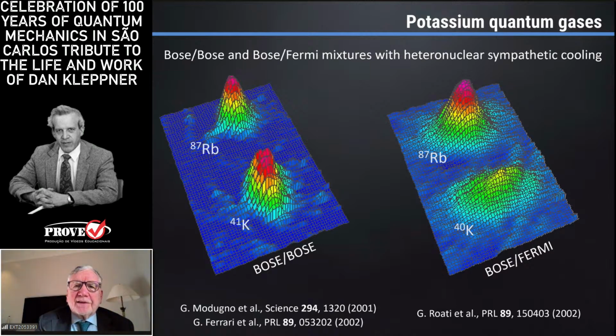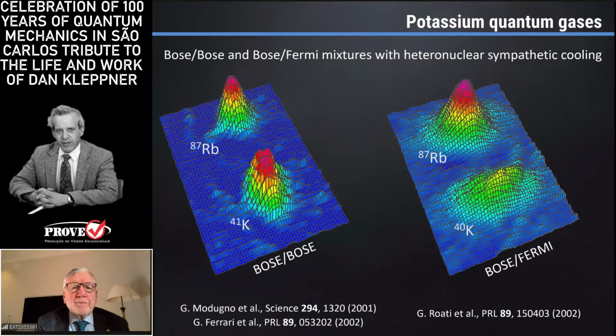And instead, we enlarged the field to potassium with a very interesting method. I mean, mixing potassium and rubidium and using the cooling down of rubidium to cool also potassium.